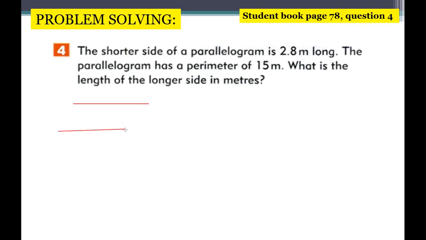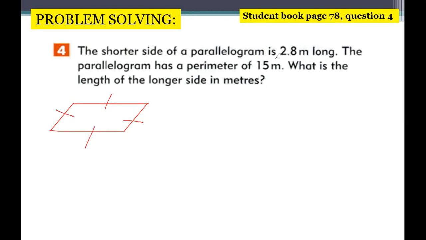Okay, so I will just show you. This and this are equal, and this and this are equal.